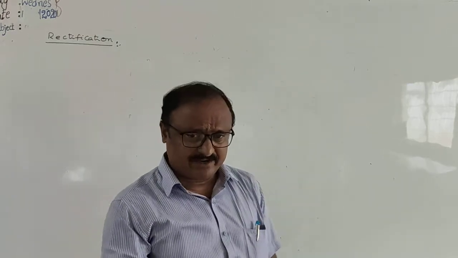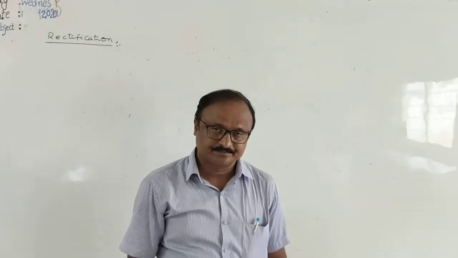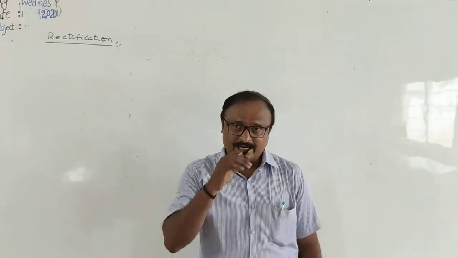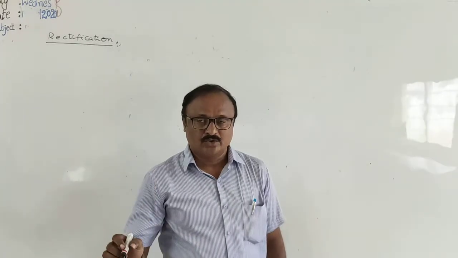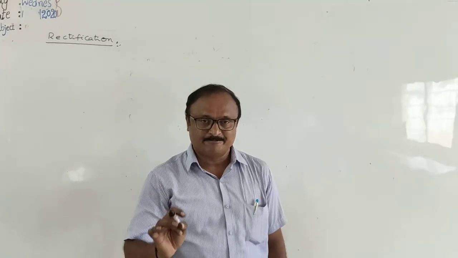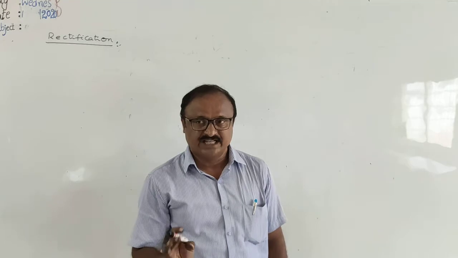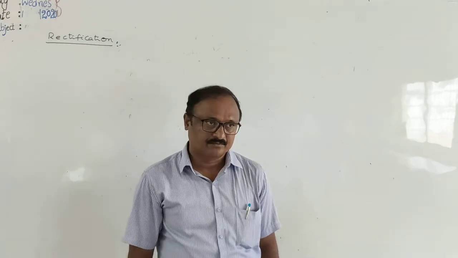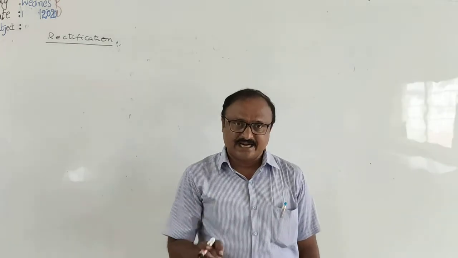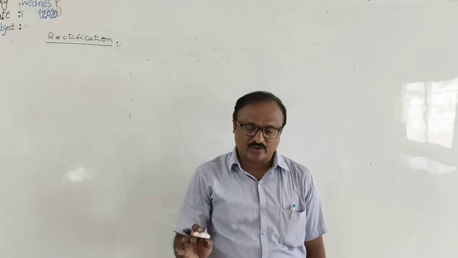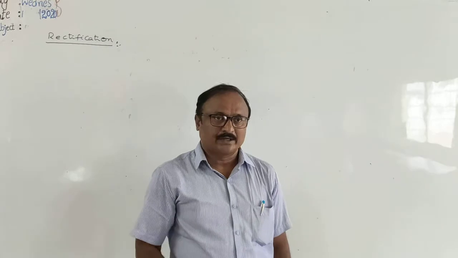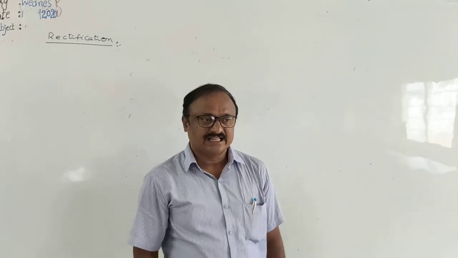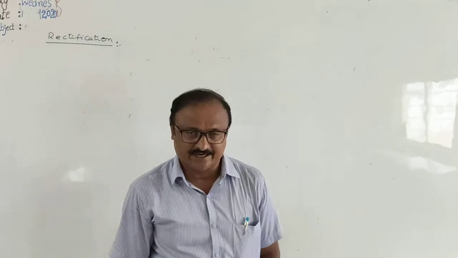What is the difference between alternating current and direct current? Direct current means the direction of current through the circuit does not change with respect to time. Then the current is said to be direct current. If the direction of the current through any resistance or any electrical equipment changes with respect to time regularly, then the current is said to be alternating current.